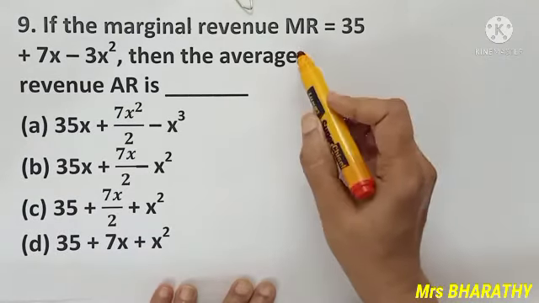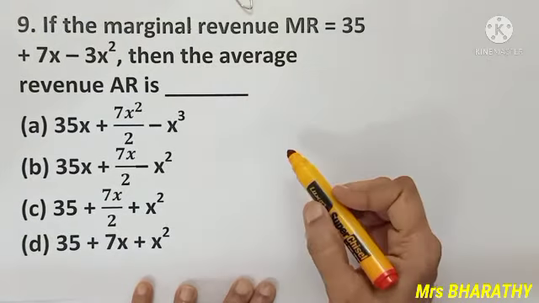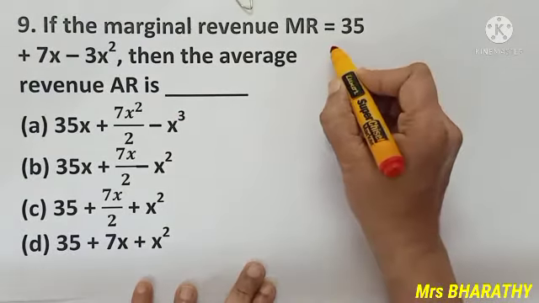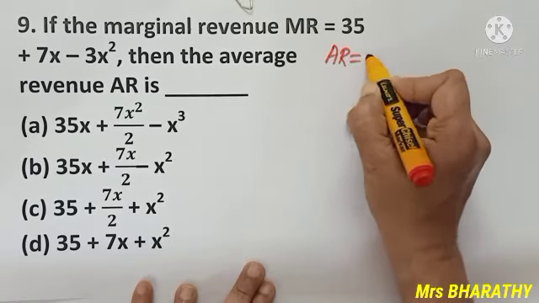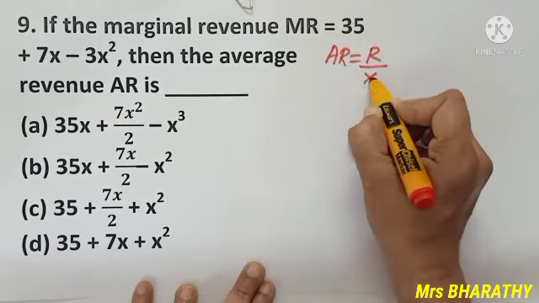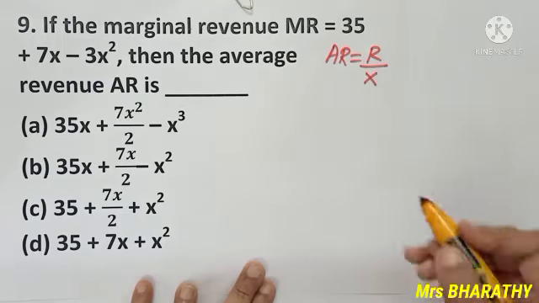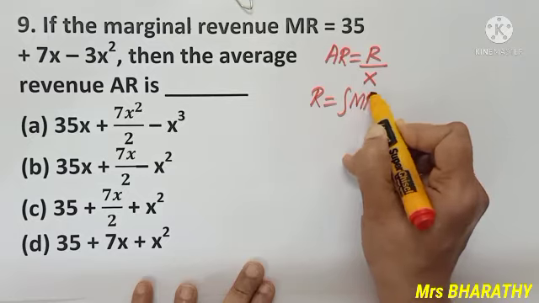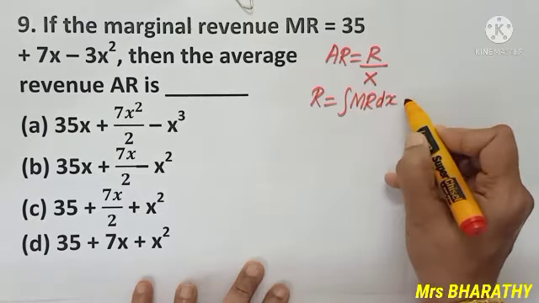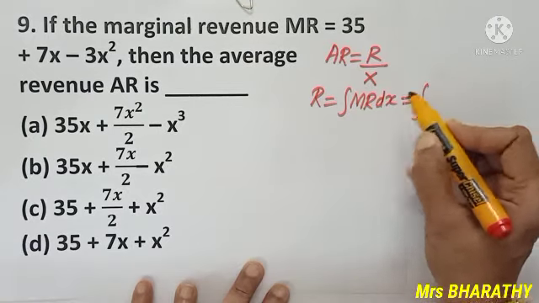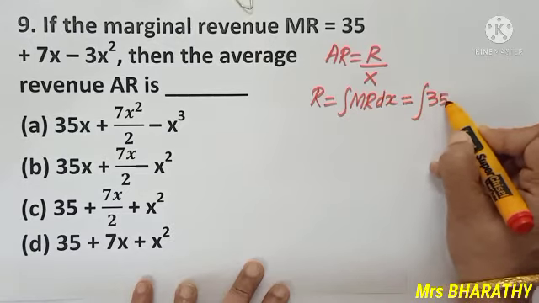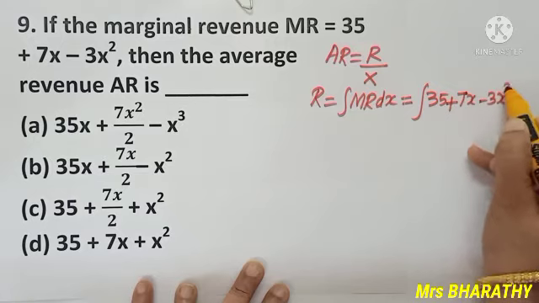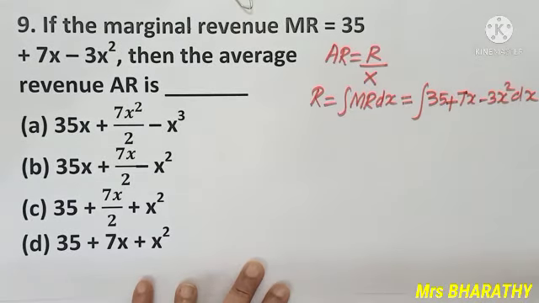Question number 9. If the marginal revenue MR is given, we need to find the average revenue. What is average revenue? It is revenue divided by x. Let us calculate what is revenue. Integral MR dx. As I substitute integral, what is MR? 35 plus 7x minus 3x square dx.